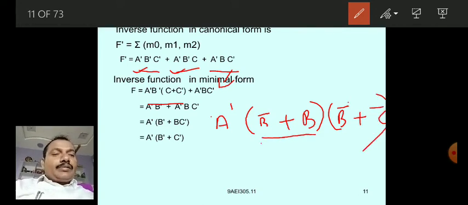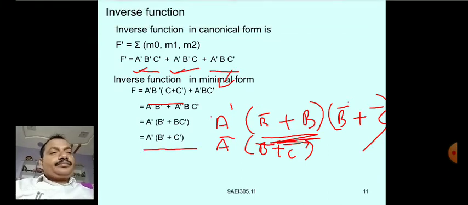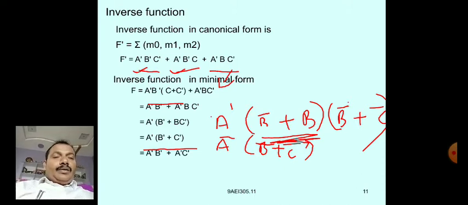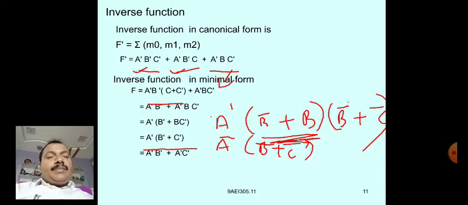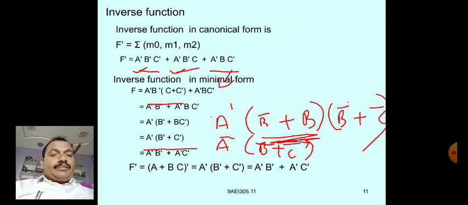So this is 1, this is 1, hence what is remaining? A bar times (B bar plus C bar). So these are the terms we got here. Open the brackets: A bar B bar plus A bar C bar. This is the minimal expression after simplification.